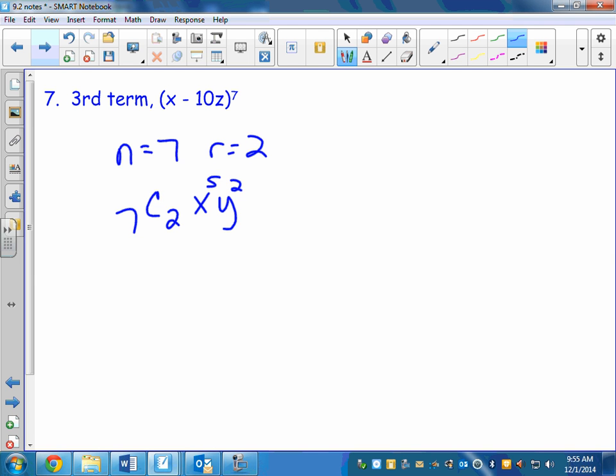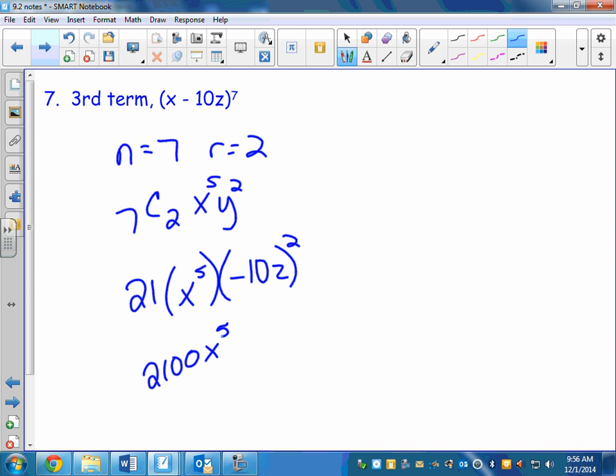That's where the n minus r came from. 7 choose 2 is what? 21. And then x is just x, so that's going to stay x to the fifth. But y is negative 10z squared. So the actual term here would be negative 10 squared is 100. 100 times 21 is 2100 x to the fifth z squared.